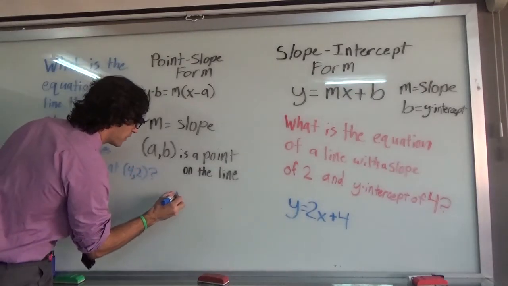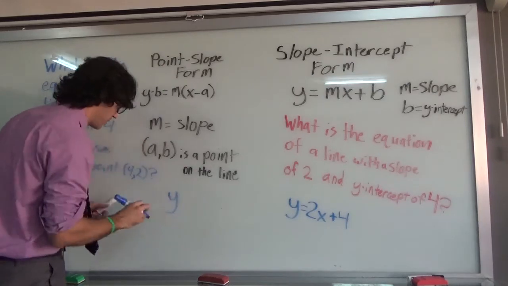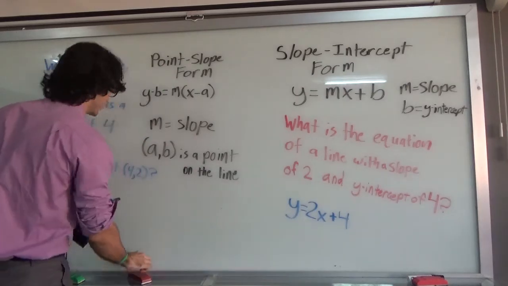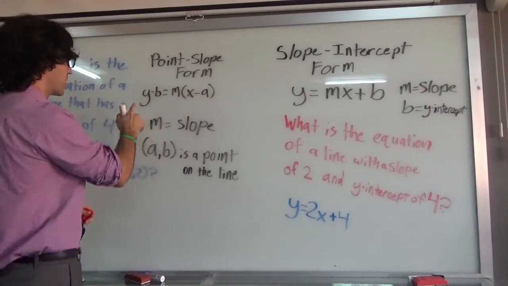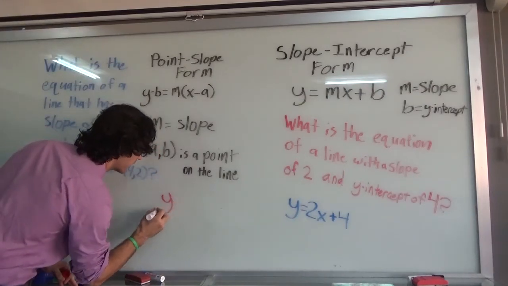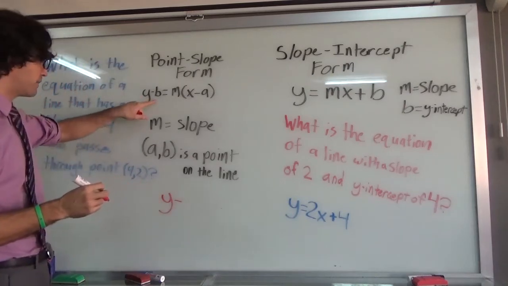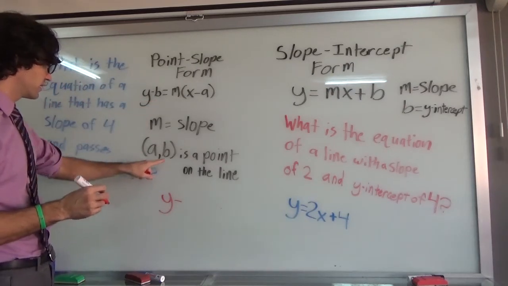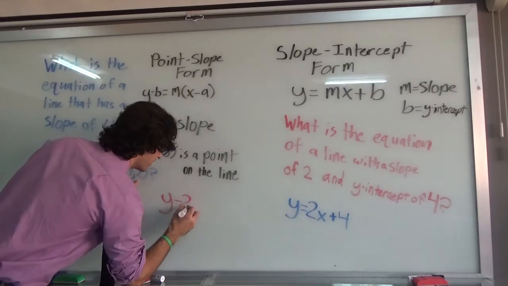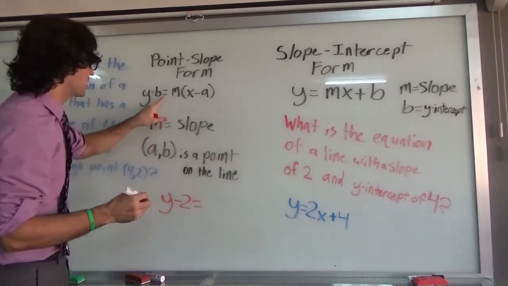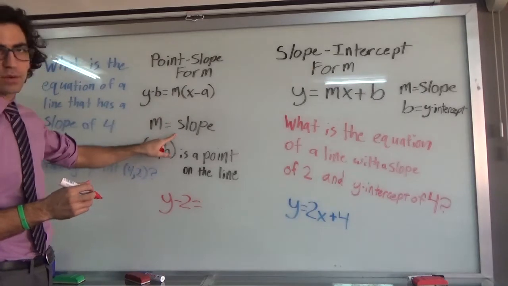It's going to be very simple. We have, you know what, I'm going to use a different color. Let's use red. So we have y minus b, and b is 2. So we have y minus 2 equals m. M is our slope.